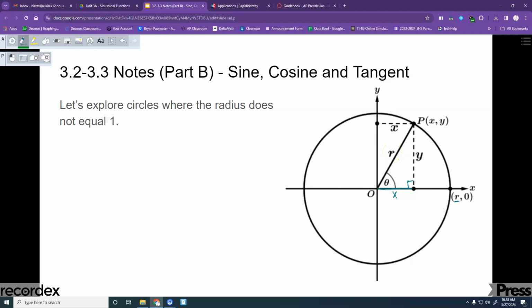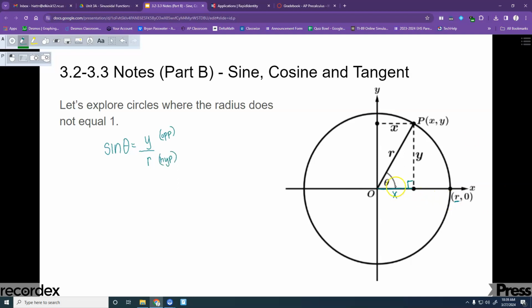So if I want to find sine of theta for this, if I'm looking at that angle, and I'm looking at this triangle right here, what would sine of theta be? It'll be letters, it won't be numbers. It'll be y over r. Because sine is opposite over hypotenuse, right?